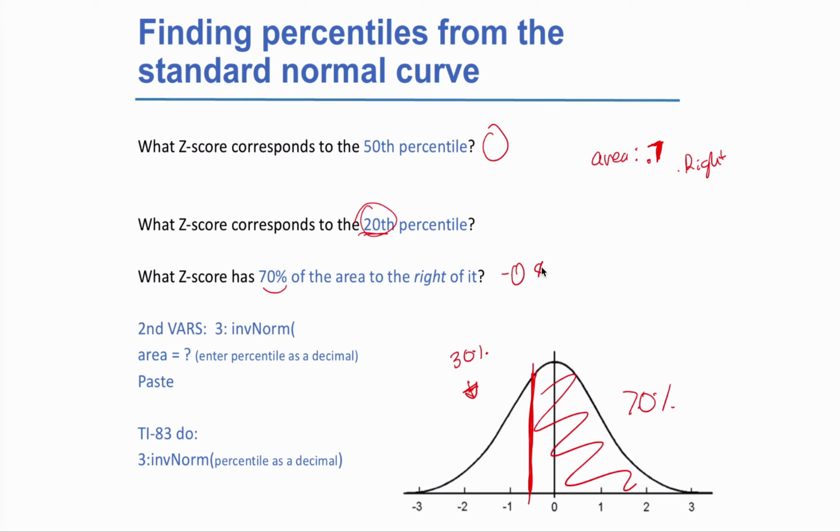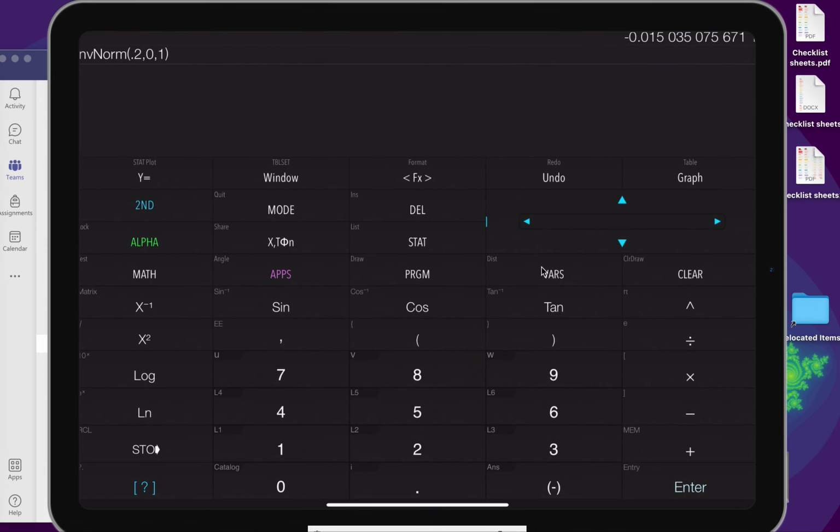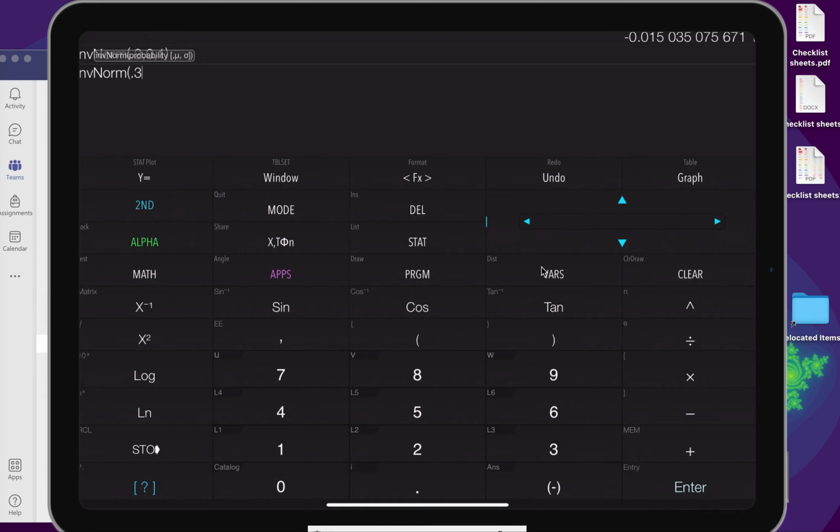So instead, because my calculator only gives me the left side, I'm going to use 30 because that corresponds to a right side of 70. So distribution, inverse normal, and I do 30 and hit enter. Right, and so that gives me a standard z-score of negative 0.52. And if you have a calculator that has the left, right, center, if you do 0.7 and do the right, you should also get the same z-score. Go ahead and try it.